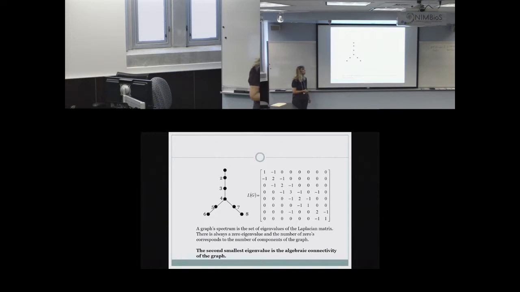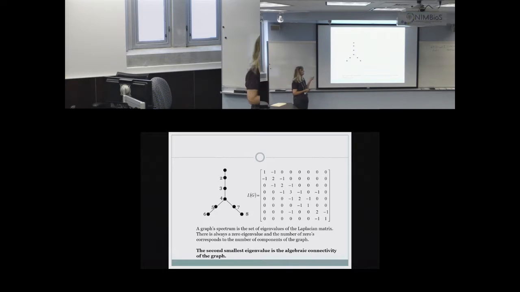So if you find the eigenvalues of the Laplacian, that's called the graph spectrum. And the number of zeros is the number of connected components. So you're really measuring the connectivity of the graph. And in fact, the second smallest eigenvalue is called the algebraic connectivity.